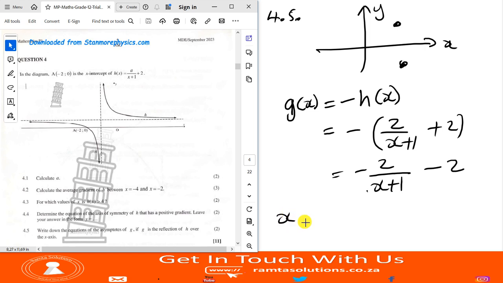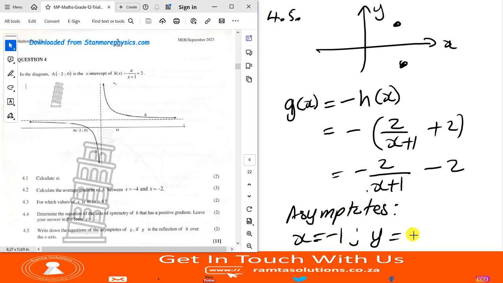Let me just say asymptotes, because it's important to separate your work. So now to get asymptotes: x equals negative 1, and then y equals negative 2. And this is it. You have all your 11 marks. Okay? You are good to go. And let's go to the next question.